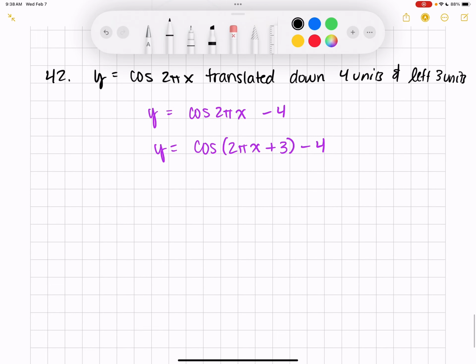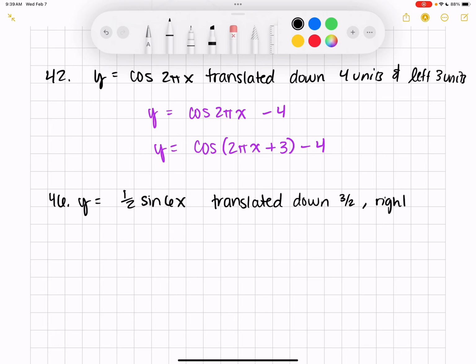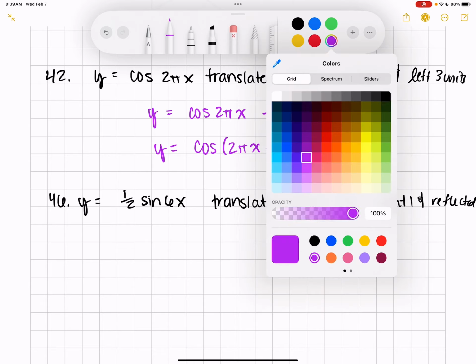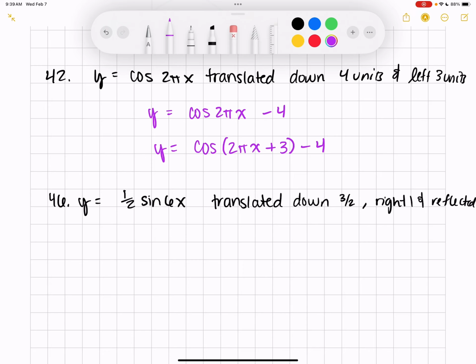Let's see, one more of those. 46, y equals 1/2 sine of 6x translated down 3/2, right 1, and reflected. So how would I do this one?